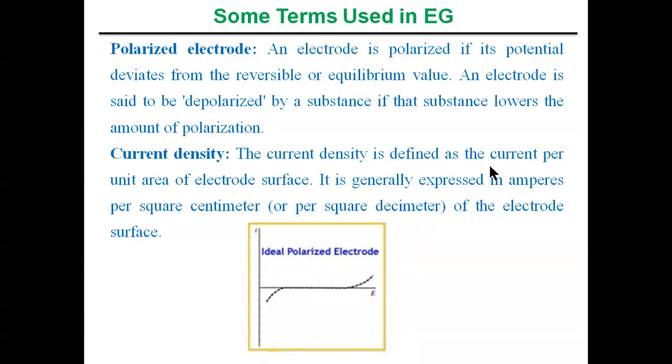We discussed all these things in this video. In the next class we will see further details about electrogravimetry, specifically the instrumentation, and then a specific example of how we can determine, say, copper 2+ ions present in a solution using the electrogravimetric method. We will discuss that in later videos.